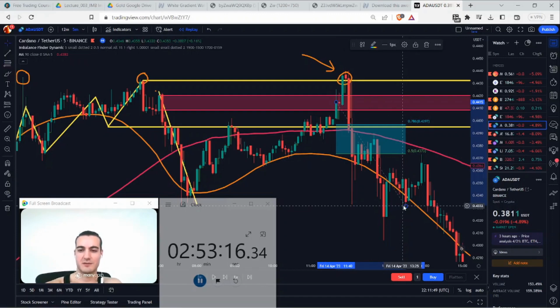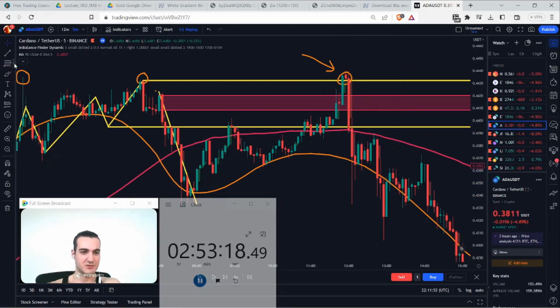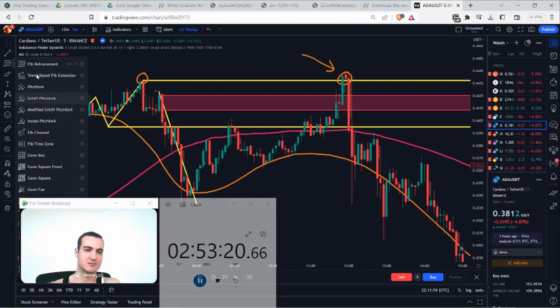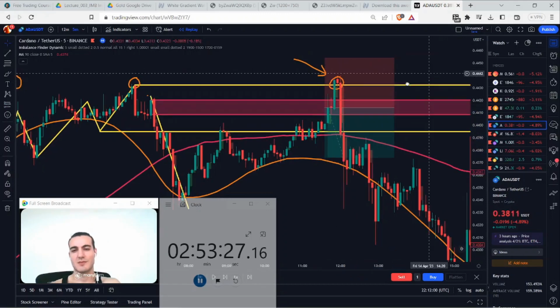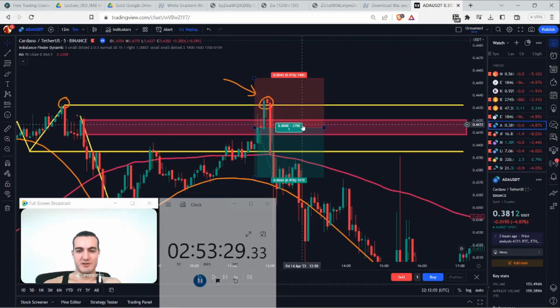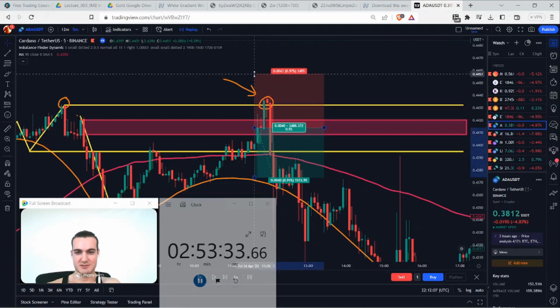Why am I drawing a Fibonacci? I want a short. And it's gone. Okay, there it is. 1-to-1 risk to reward. What is that? 1%.